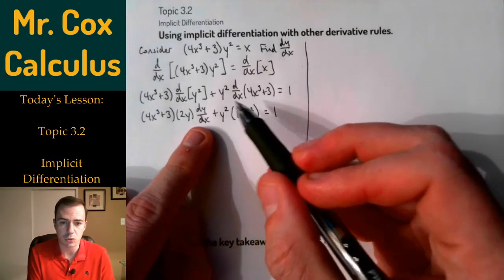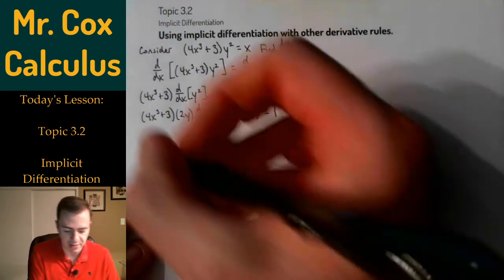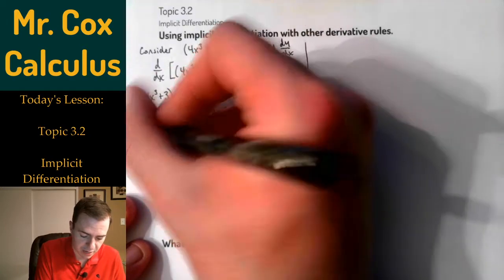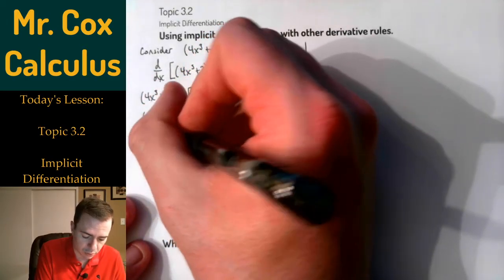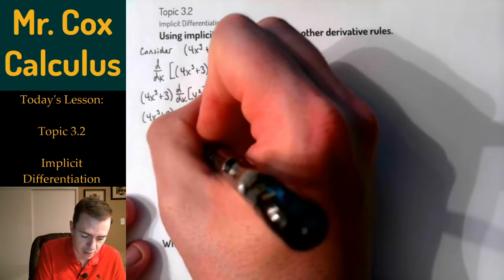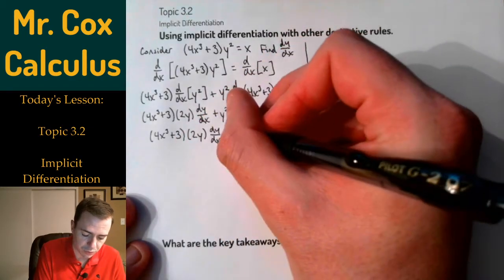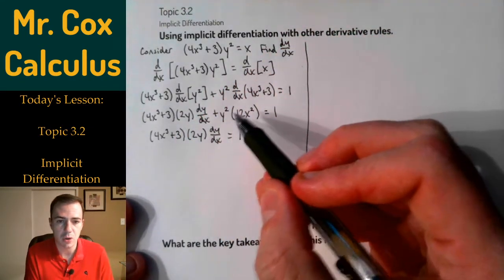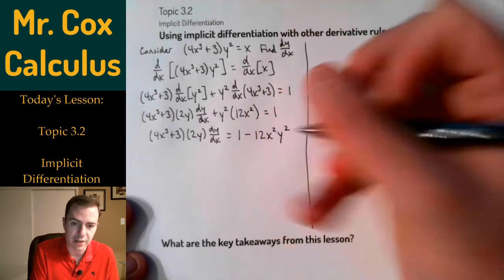Let's subtract this term over to the other side. If there's no dy dx there, then it needs to go to the other side. So I've got 4x cubed plus 3 times 2y dy dx equals 1 minus, and I'm going to multiply this out and call it 12x squared y squared.